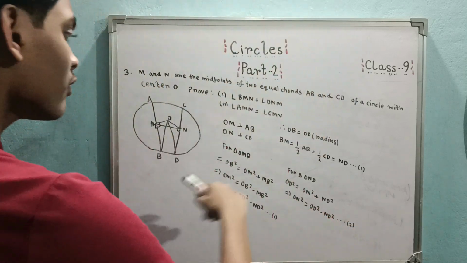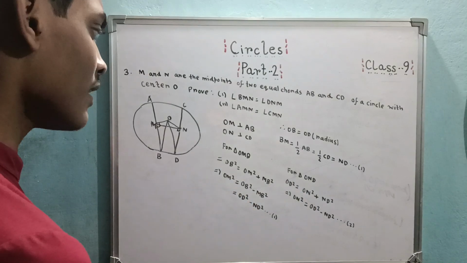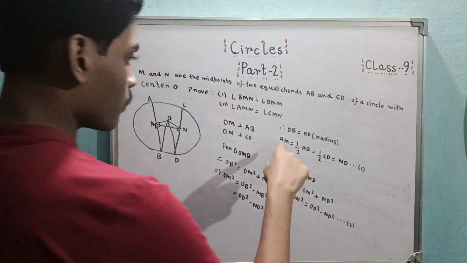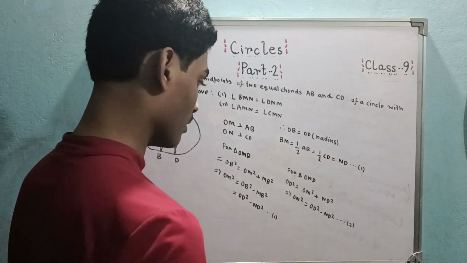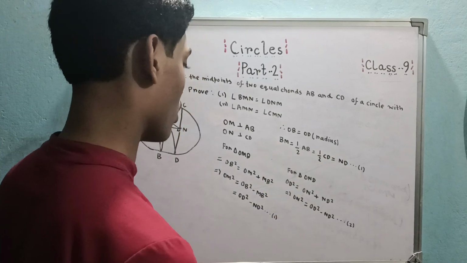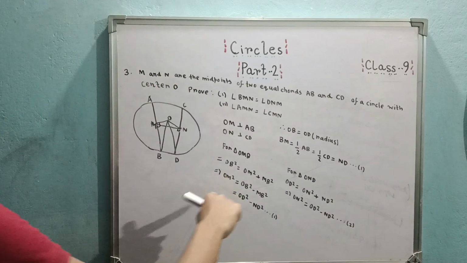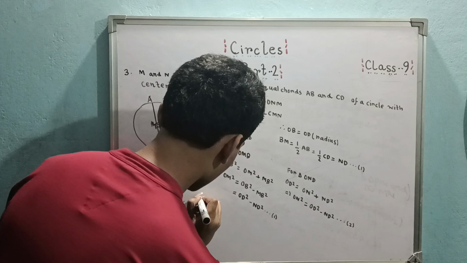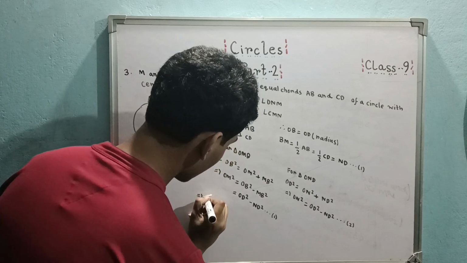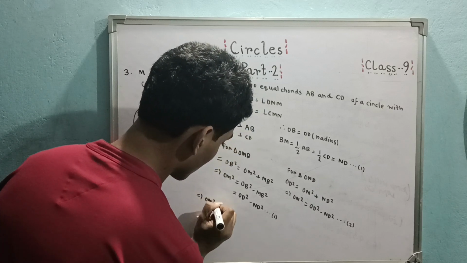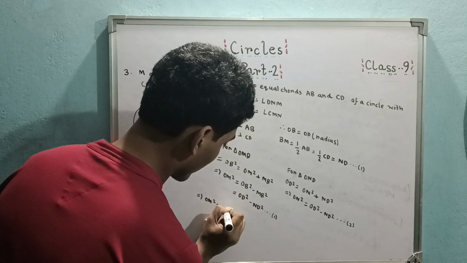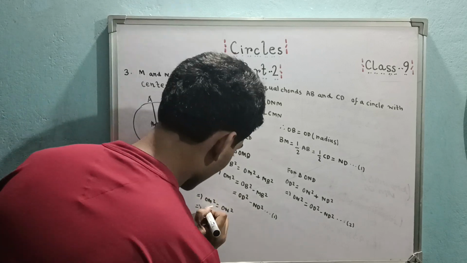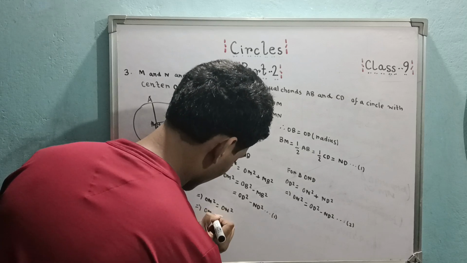ON square and OM square's values are same, because OB is OD, radius of the same circle, and we just proved that BM is equal to ND. That's a good proof. Then OM square and ON square's values are same. So we can write OM square equal to ON square. If you just take the root, OM equal to ON.